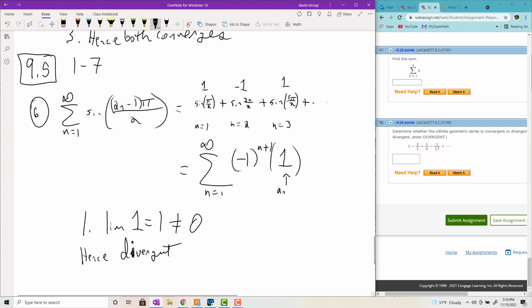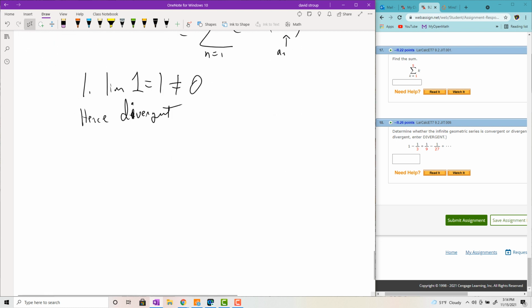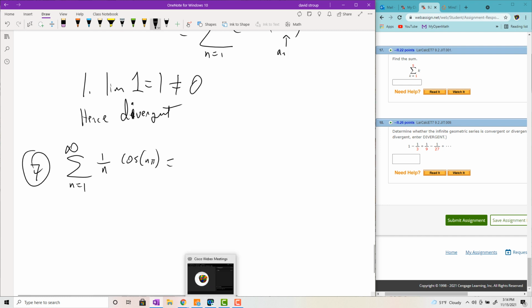Okay, let's look at one that actually works then. So problem 7, we had the sum of 1 over n times the cosine of n pi. I'm going to expand it just like I did before. When n is 1, I get 1 over 1 times cosine of pi, which is negative 1.